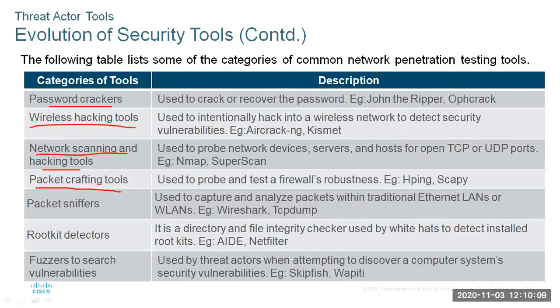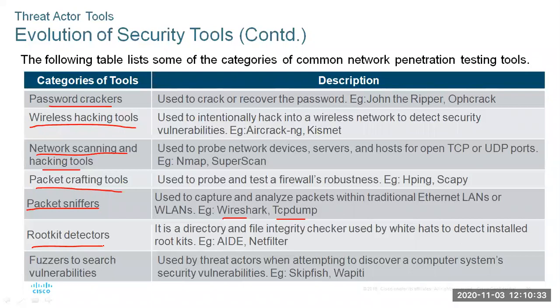Packet crafting tools are usually used to probe and test a firewall's robustness. Then packet sniffers are used to capture and analyze packets within traditional Ethernet LANs, like Wireshark or tcpdump.